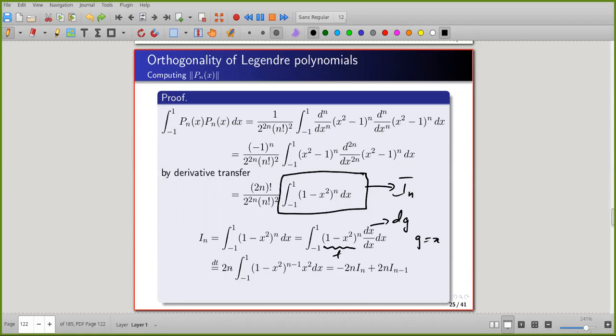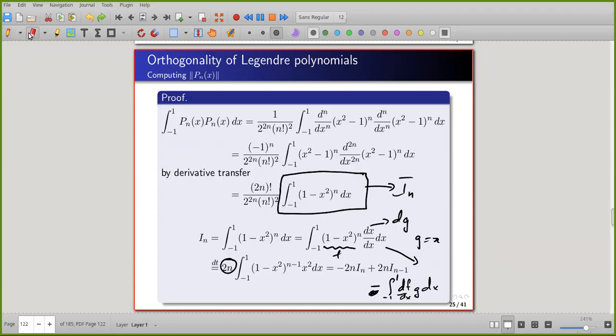When I apply derivative transfer, this integral is going to become minus the integral from minus 1 to 1 of df by dx times g dx. And when I differentiate f, I'm going to get 2n, and the minus sign is going to get cancelled with this minus sign. So we get exactly this.